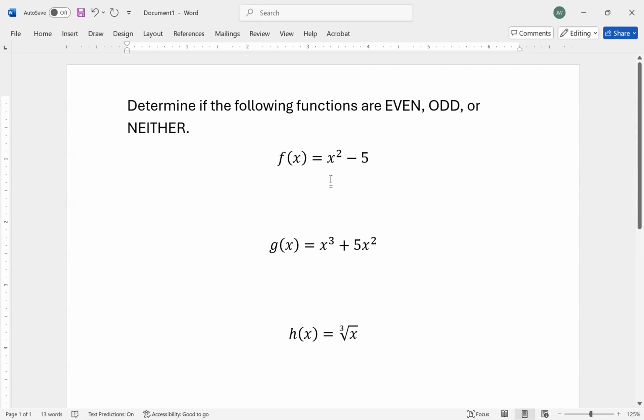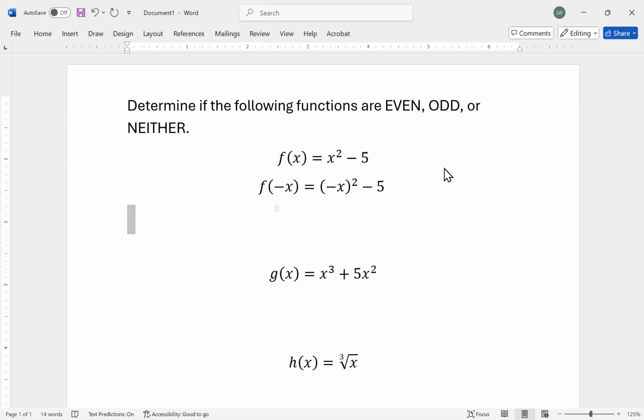What we do to determine even, odd, or neither is we take f of negative x. That's the key thing. What happens when I plug in the negative of the x value? I replace this x value everywhere I see it with a negative x, and then I'll use algebra to simplify.